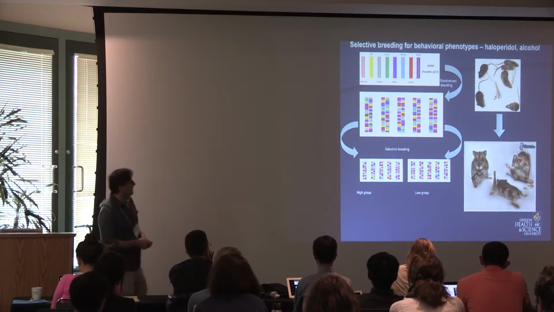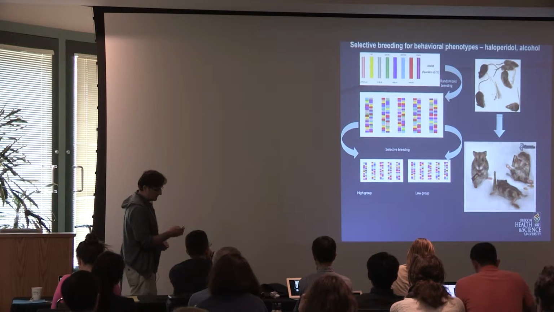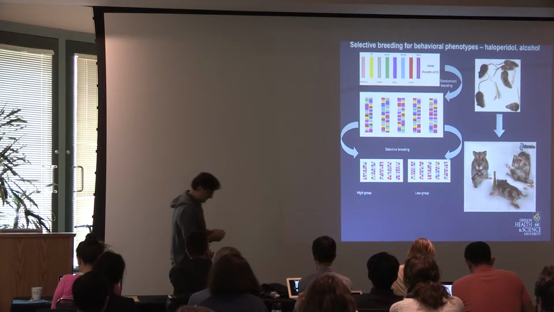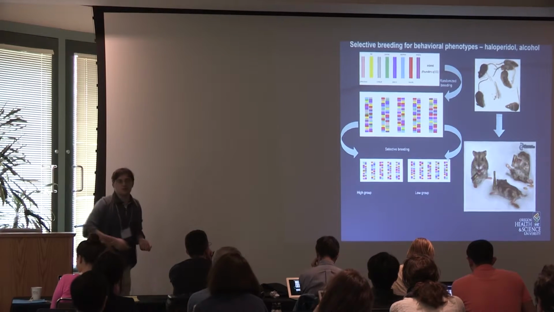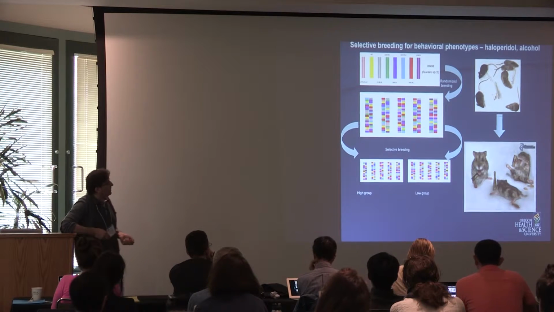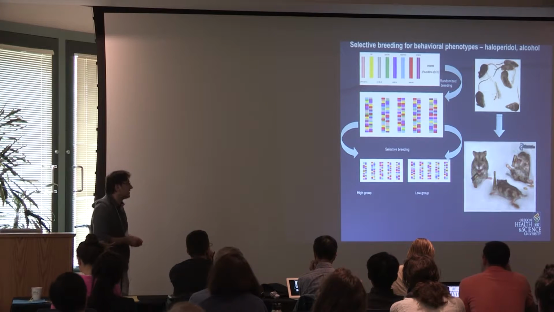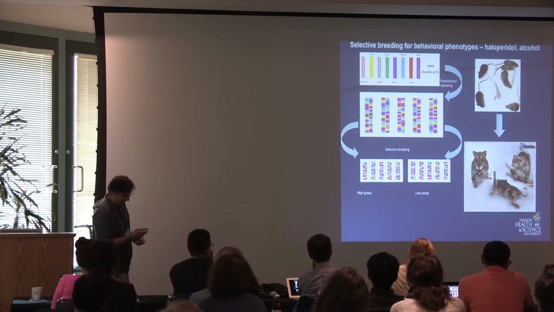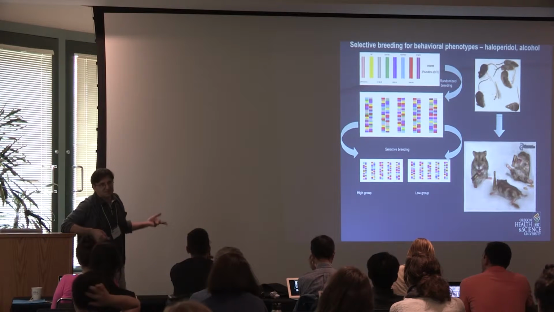And now we have our high group and low group. Here is an example of some other fun phenotypes that we are working with. My collaborators breed mice for preference for alcohol. Some of the mice, after a few generations of breeding, will really drink a lot, and the more generations you breed them, the more they will drink.